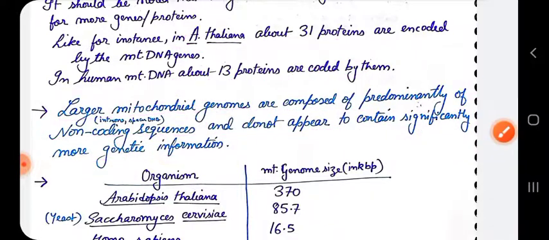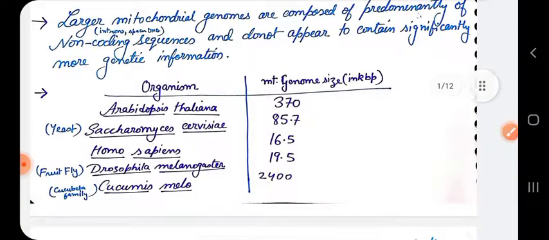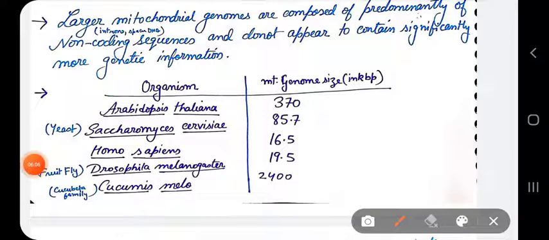Well, a table has been given here. According to this table, you can see the size of the mitochondrial genome on your right side. On the left side, the scientific names of the organisms are given. Arabidopsis thaliana has about 370 kilobase pairs of mitochondrial DNA. In yeast, Saccharomyces cerevisiae, about 85.7 kilobase pairs of mitochondrial genome is observed.